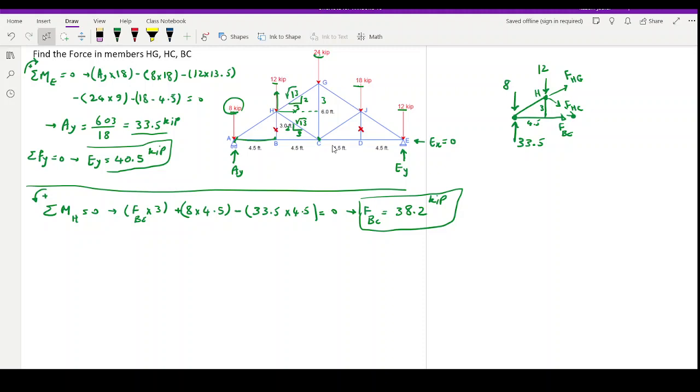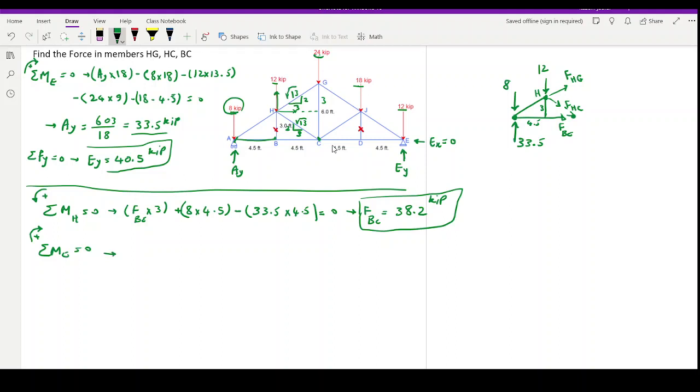Now I'm taking moment about C, and I'm assuming that this time this is my positive direction, because I'm following the rotation that these forces are making.